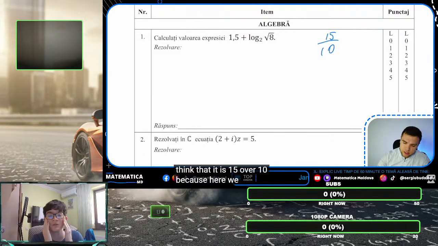So here the base is 2, you can't really work with it. Square root of 8, well, I guess you can work out a bit that essentially you can put a 2 to the power 3 inside of the square root, but I don't know exactly how that helps you.